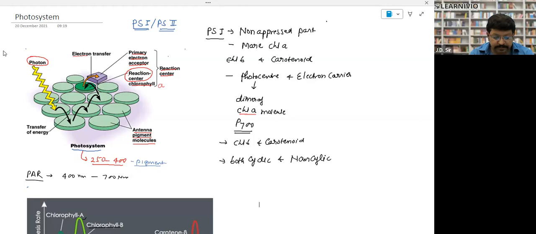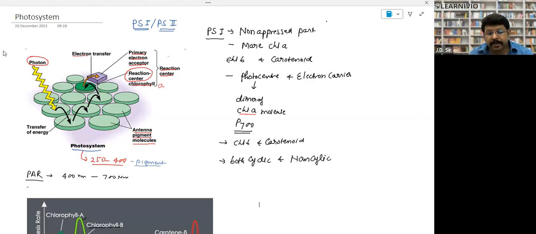PS1 has more chlorophyll A molecules. This is the question for me. PS1 has more chlorophyll A molecules. Full stop.